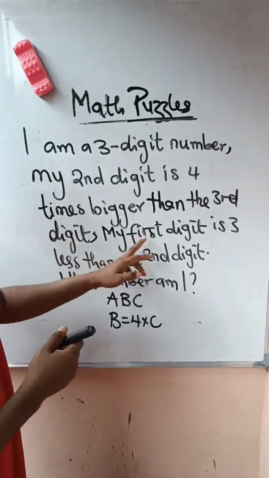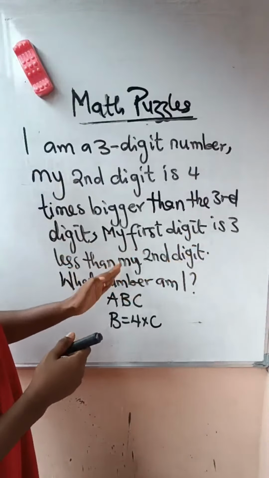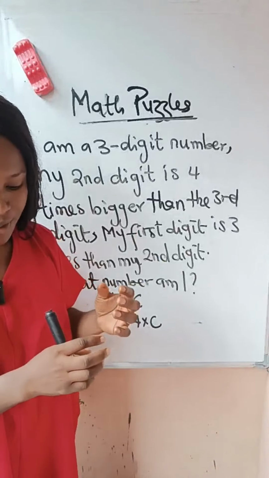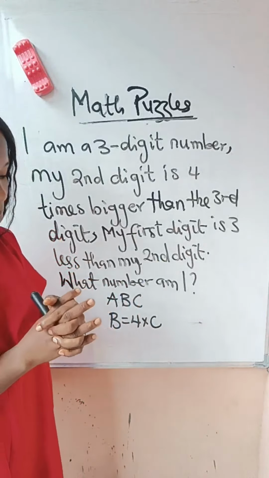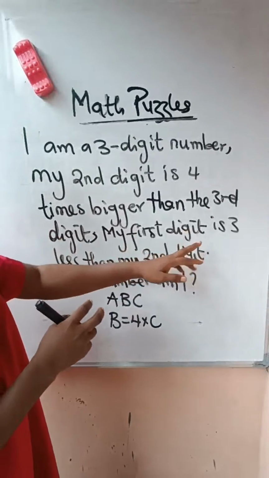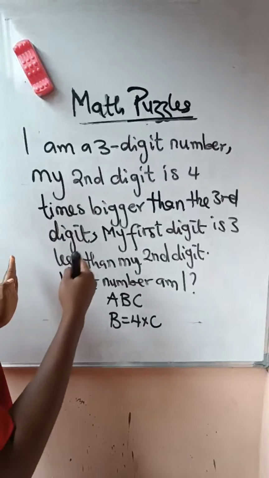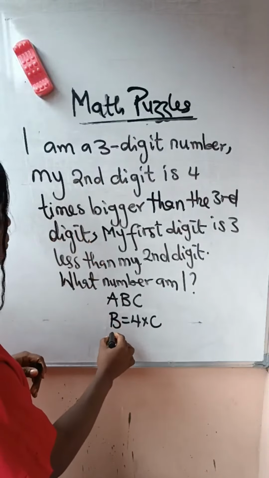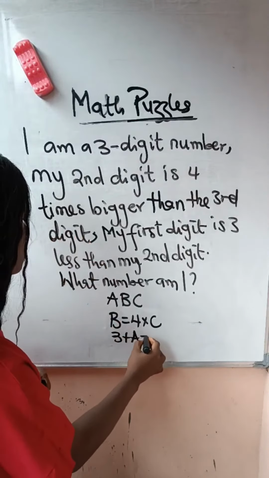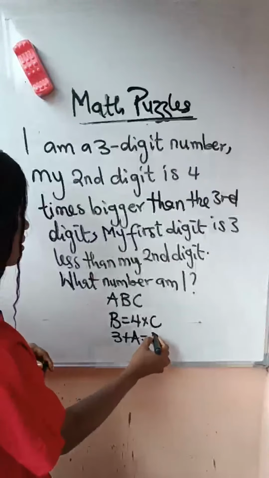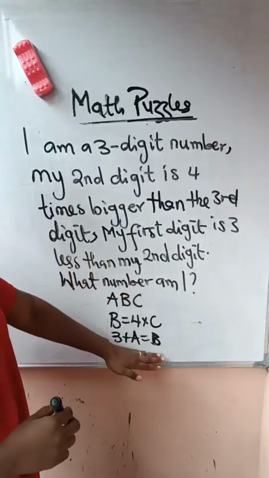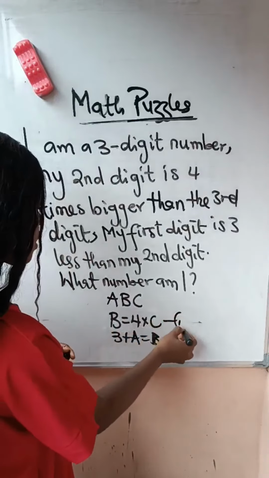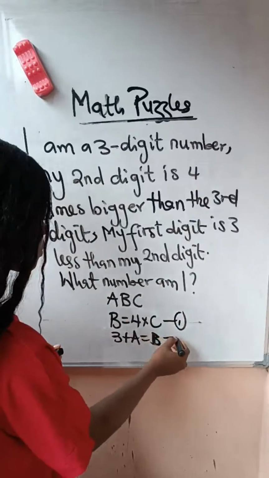Now my first digit is 3 less than my second. All these things tend to confuse, but you need to calm down and try to understand what it's saying. If my first digit is 3 less than my second, it means that if you add 3 to your first digit, you get your B. So these are the two equations we need: this is equation 1 and this is equation 2.